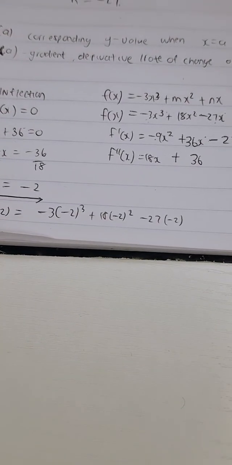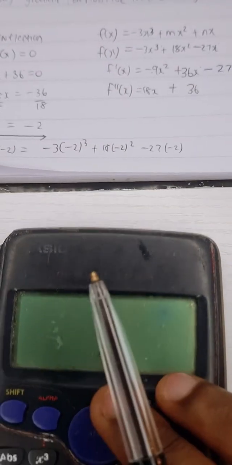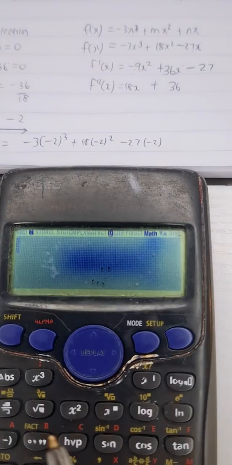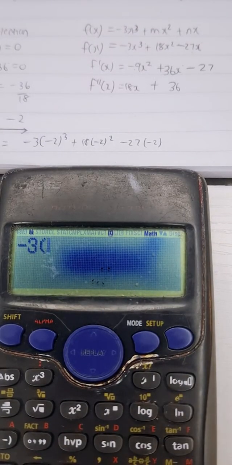We don't have to bother ourselves too much. We just grab Mr. Scientific Calculator. He can do the hard lifting for us. So negative 3, just put that in brackets. Negative 2, we close.